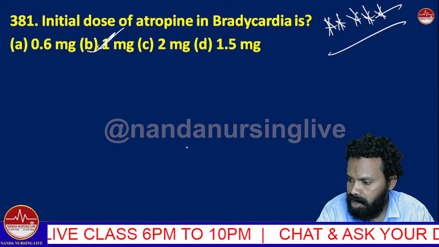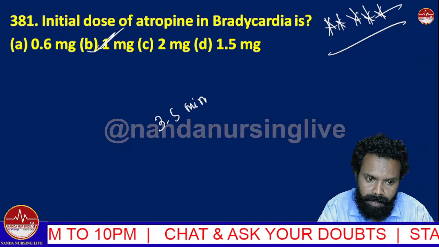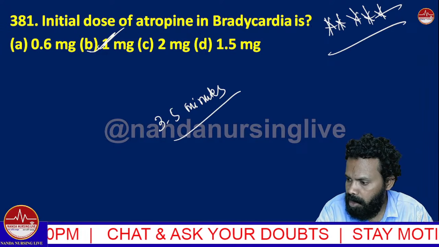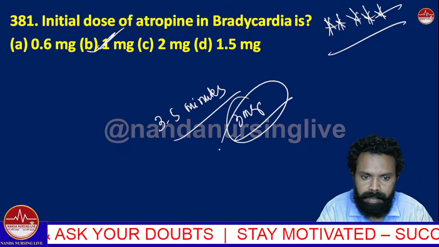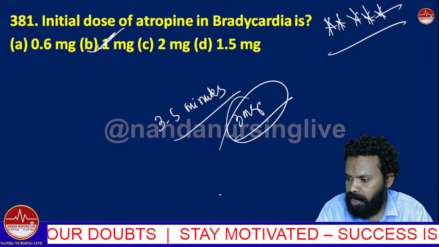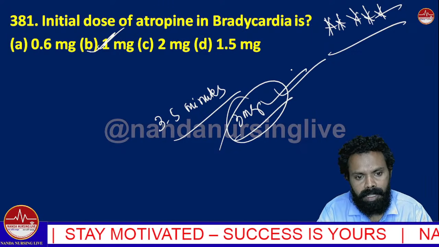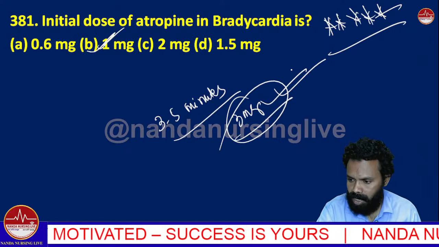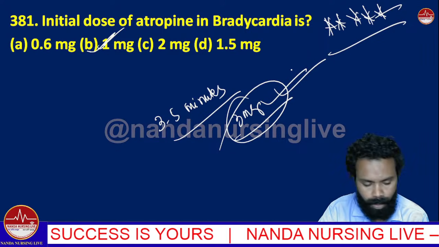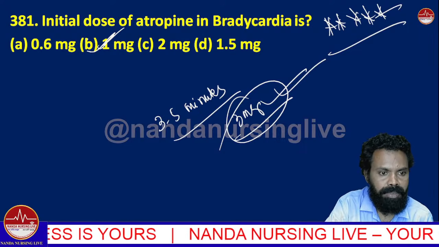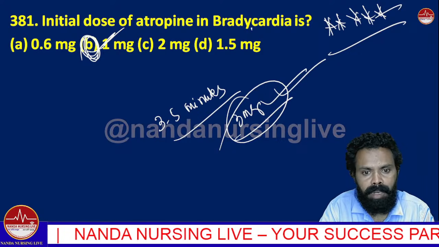After 3 to 5 minutes, we can repeat the dose up to a maximum total dose of 3 milligrams, right? So option B, 1 milligram, is the initial dose of atropine in bradycardia.